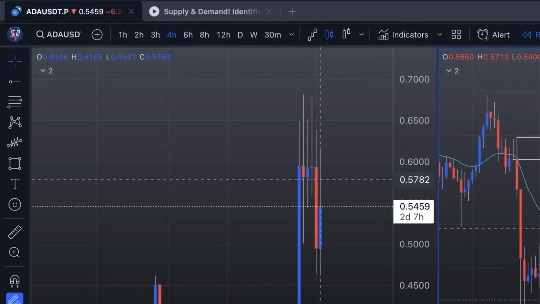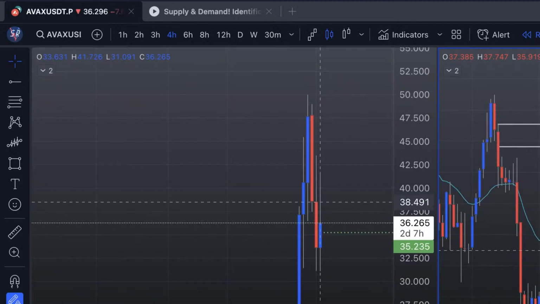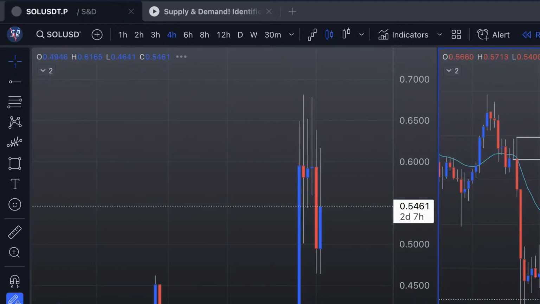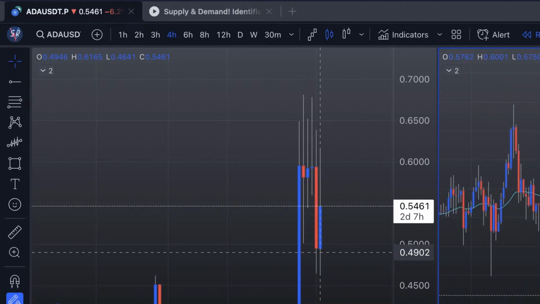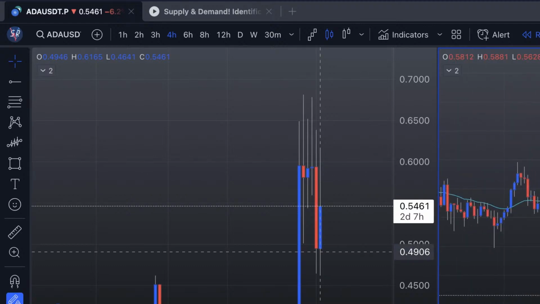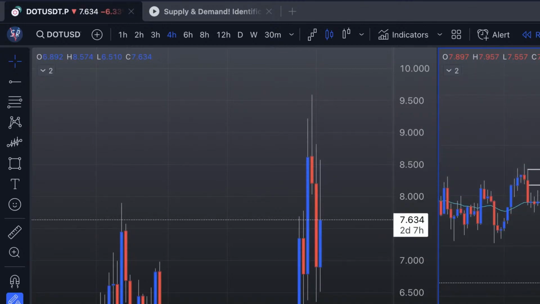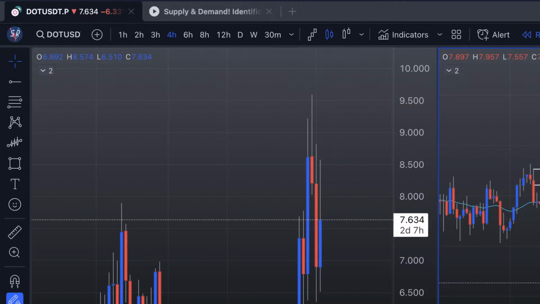So now if AVAX comes up here and tests this supply, and then it ultimately sells off, and now the whole crypto market moves down, I'll already be in one or two of these selling positions at supply to kind of hedge my overall account. It's kind of like trading 401, a little bit advanced level, but that's the cool thing about the crypto markets, you can hedge one against the other.